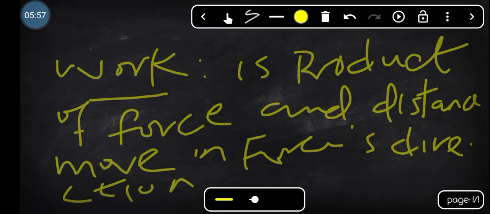So the product of force and distance moved in force direction, or in the direction of the force.